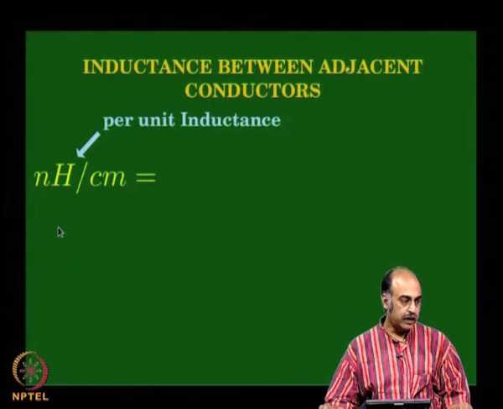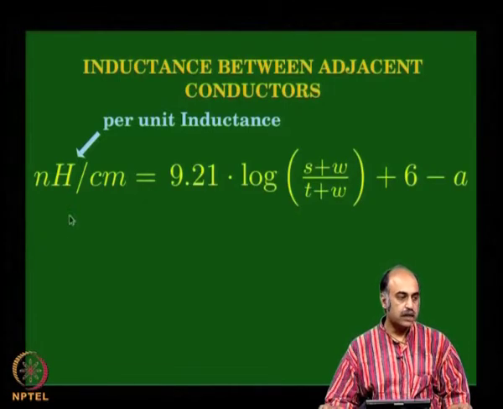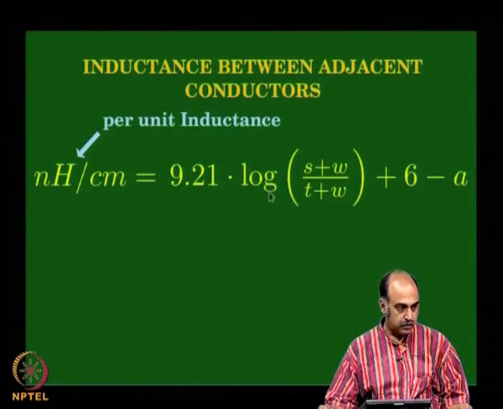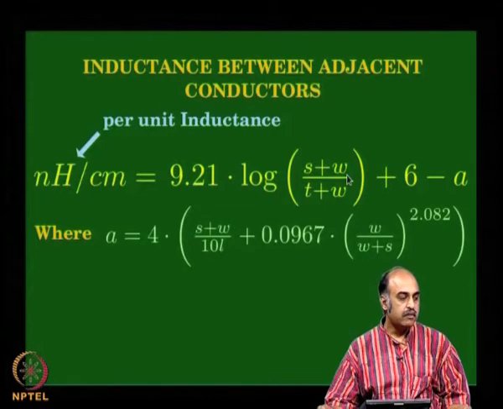The per unit inductance is given in terms of this empirical relationship: 9.21 into log base 10 of (S plus W) by (T plus W), where T is the thickness of the laminate, plus 6 minus A, where A is given by another empirical relationship like this, where L again is the length of the track.